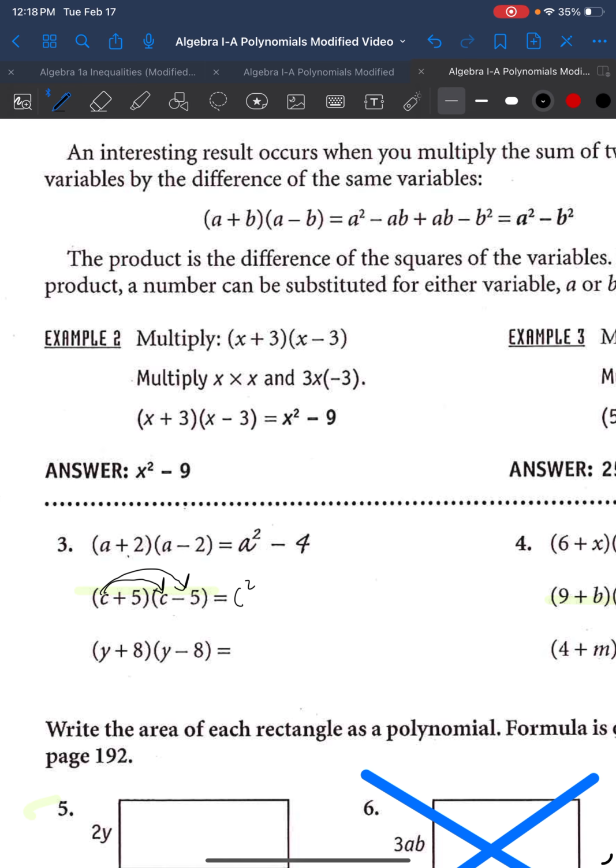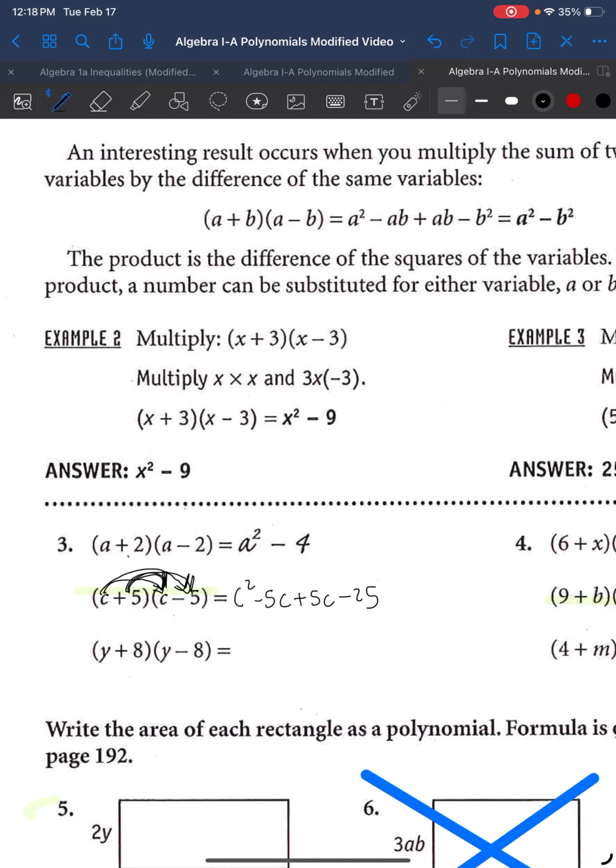C times negative 5 is negative 5c. Now we're doing 5 times everything in the next part. So 5 times c is plus 5c, and 5 times negative 5 is minus 25.